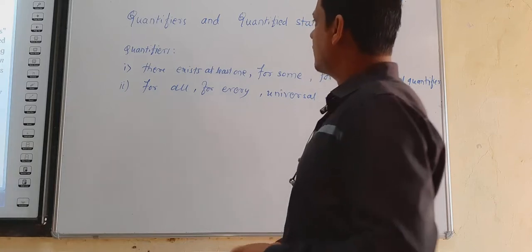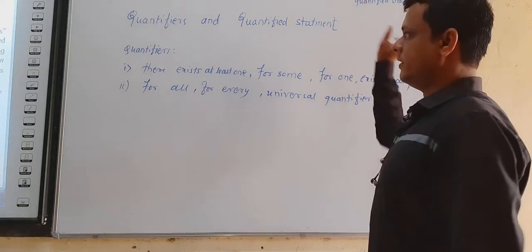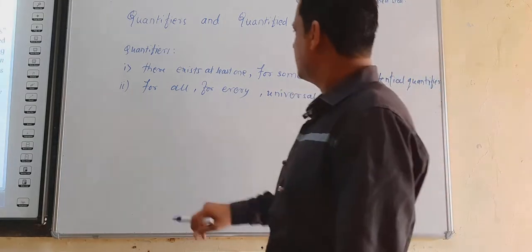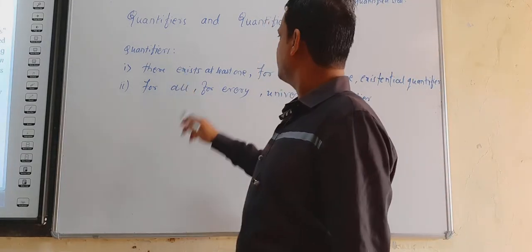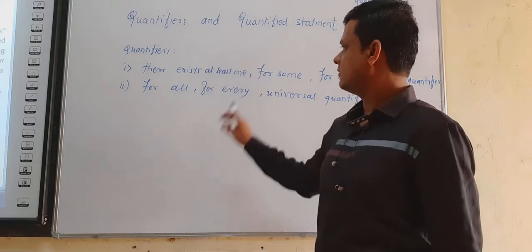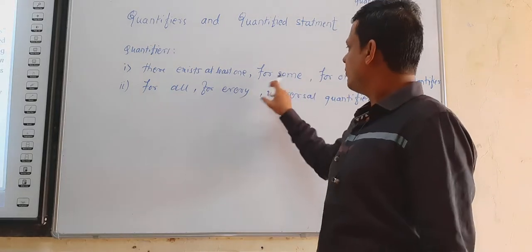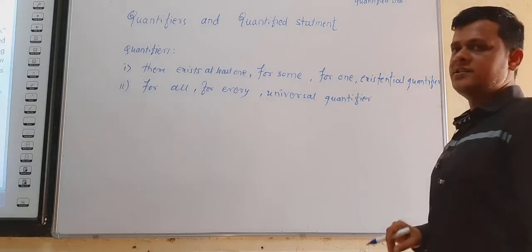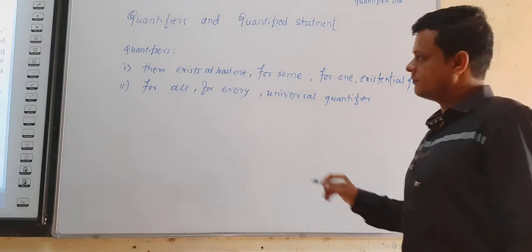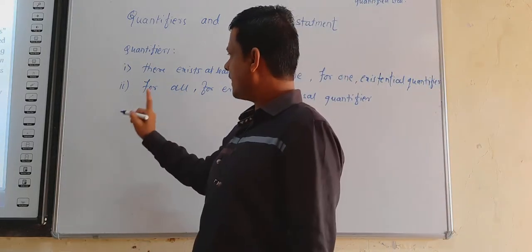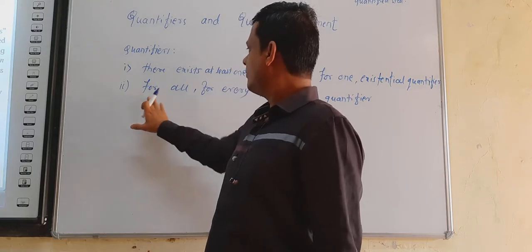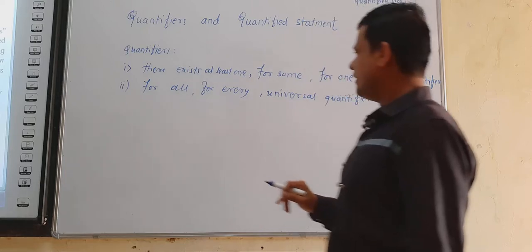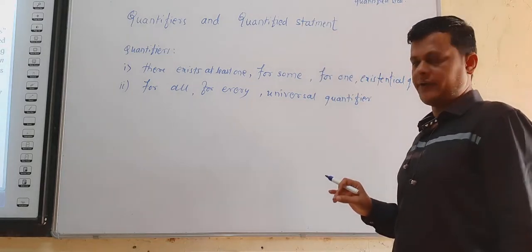Next topic is quantifiers and quantified statements. The words or phrases 'there exists', 'at least one', 'for some', or 'for one' are called existential quantifiers. The second type of quantifier, 'for all' or 'for every', is called universal quantifier.